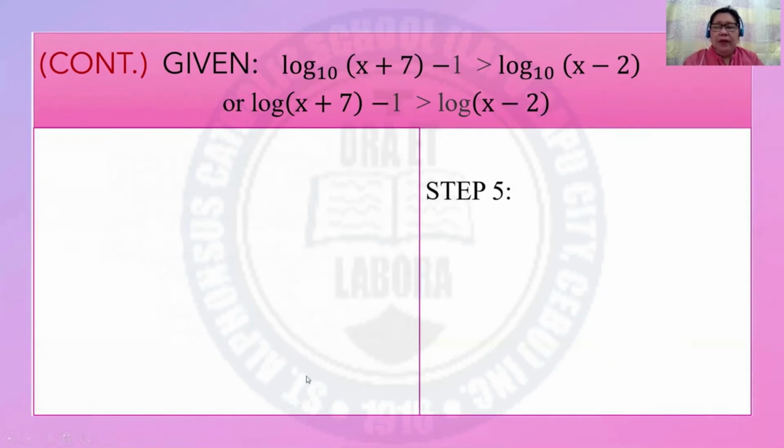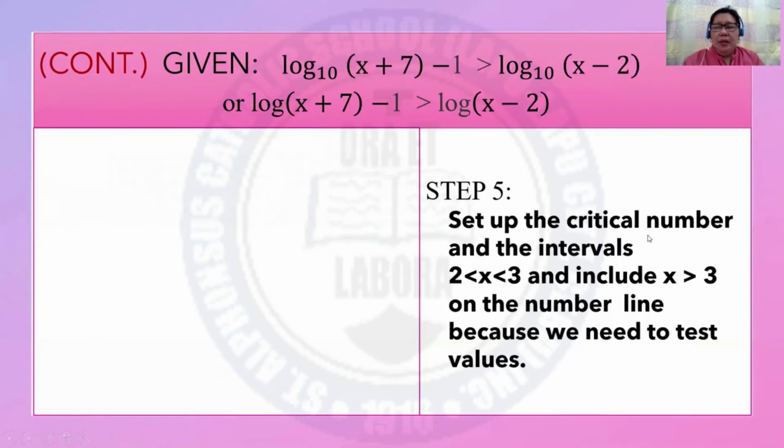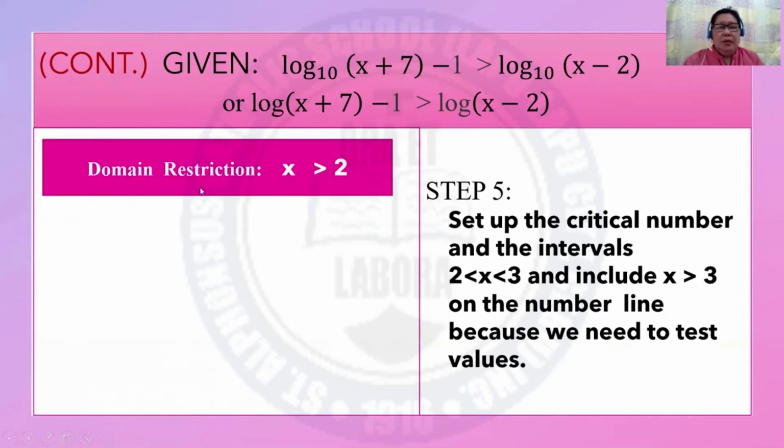Next, step 5. You have to set up the critical number and the intervals x between 2 and 3, and include x greater than 3 on the number line because we need to test the values. So remember, the domain restriction is greater than 2.